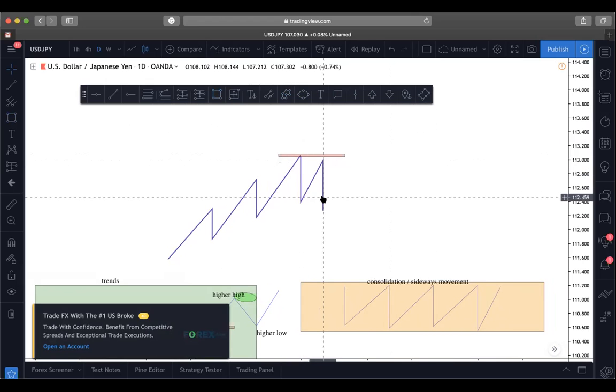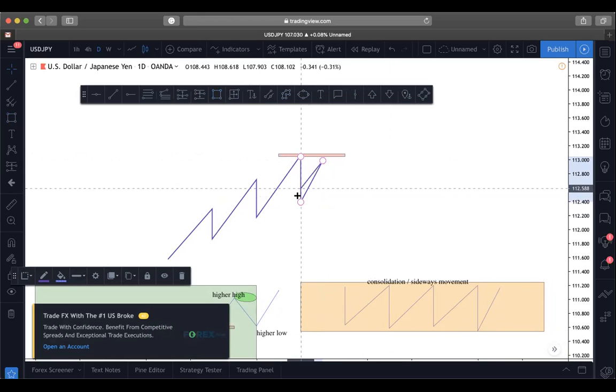Now from here, when the market makes this move up here, right? We're still going to assume it's an uptrend. The only time we know it's no longer an uptrend is when the market makes a lower low or a lower high.